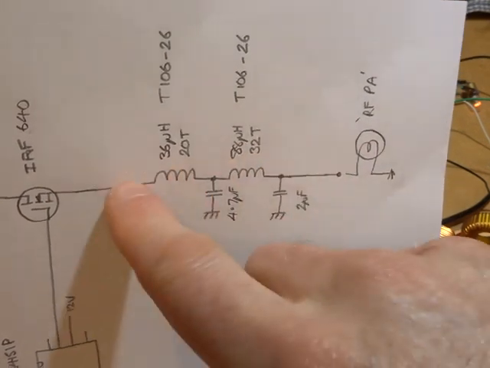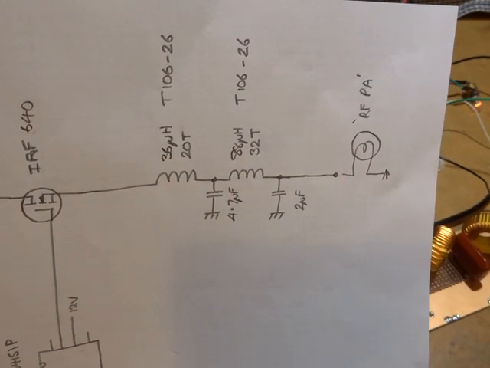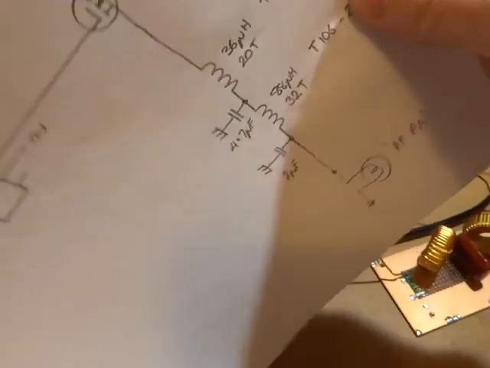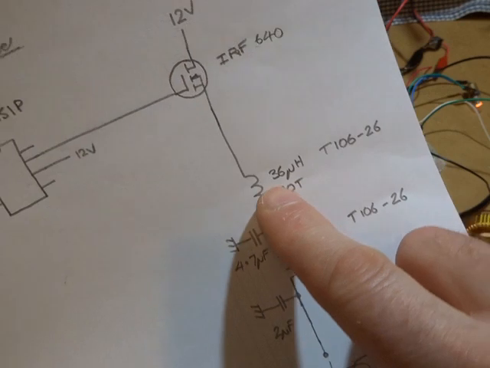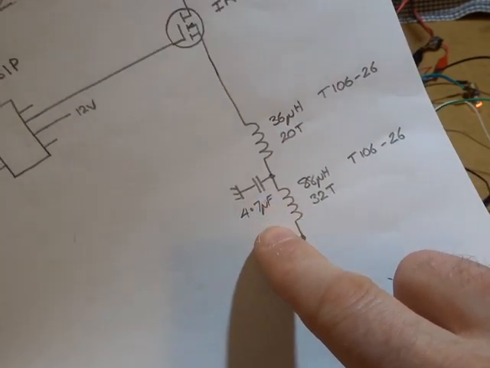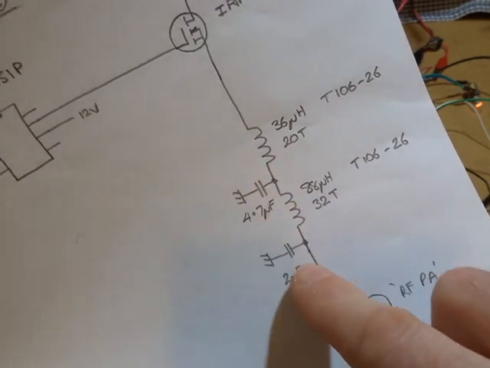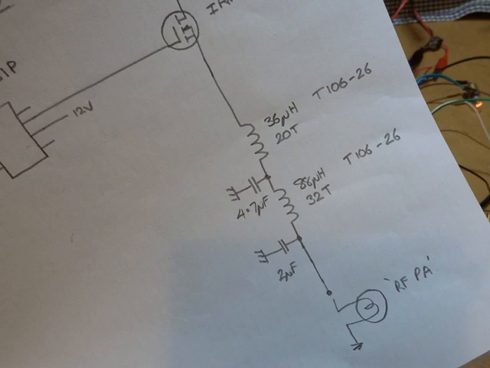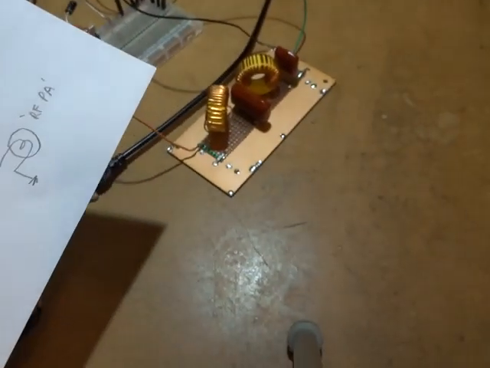So the 6 ohms is the terminating impedance for the design work of that particular filter. And that's what it produces. It produced 2 inductors, one 36 microhenries, the second one 88 microhenries, and 2 capacitors, and I've just gone for the nearest standard value, so 4.7 microfarads and 2 microfarads. And that's what we see down here.